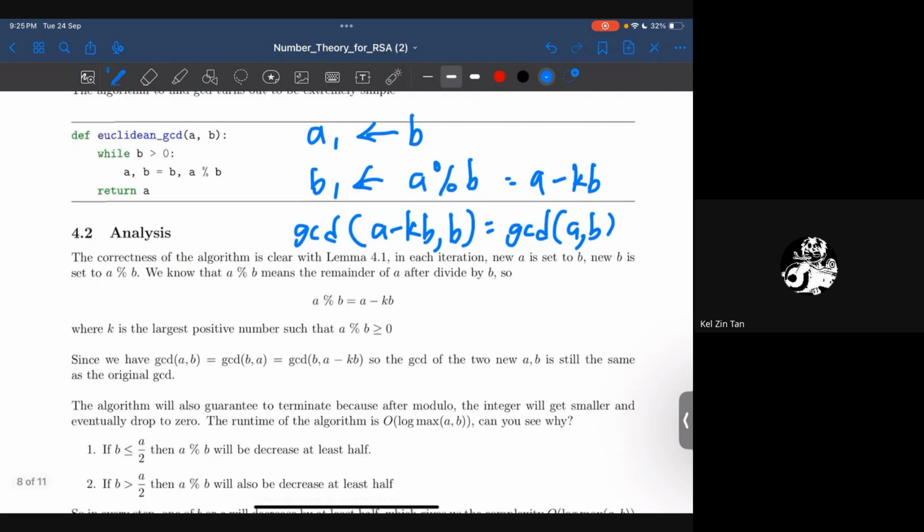So here, let's look at the analysis. The correctness of this algorithm is clear with Lemma 4.1, which is basically that we can add a multiple of some number and the GCD will remain the same.